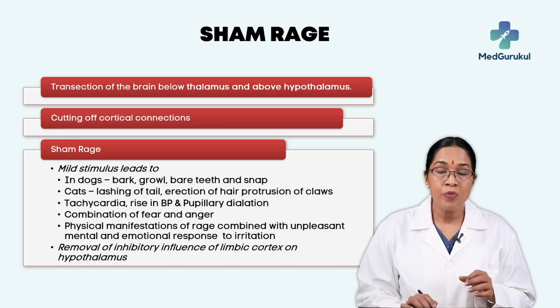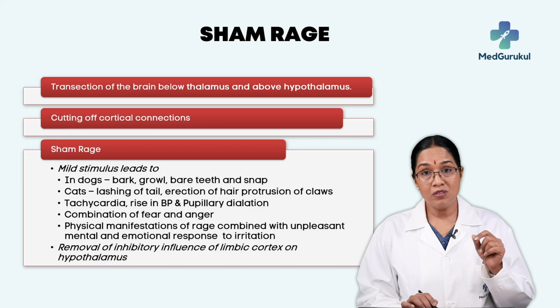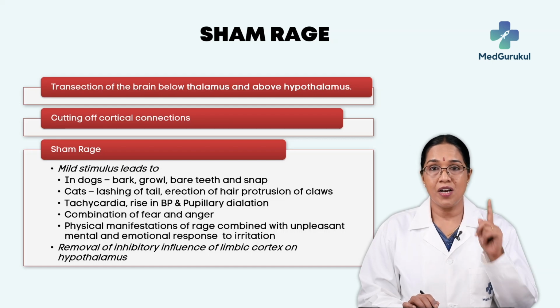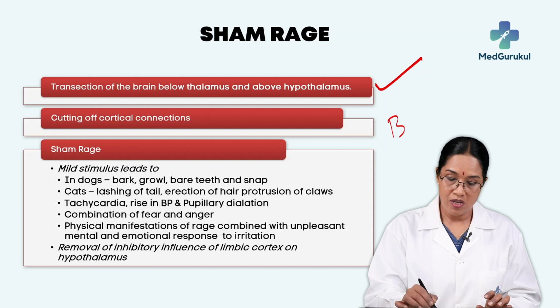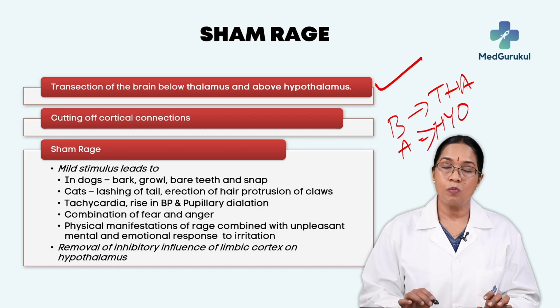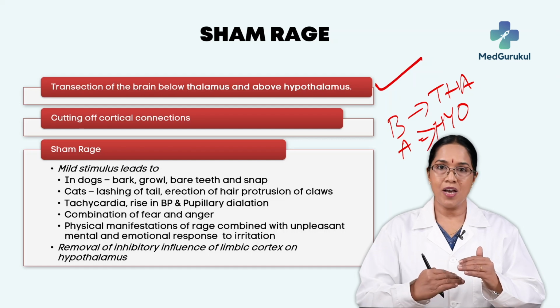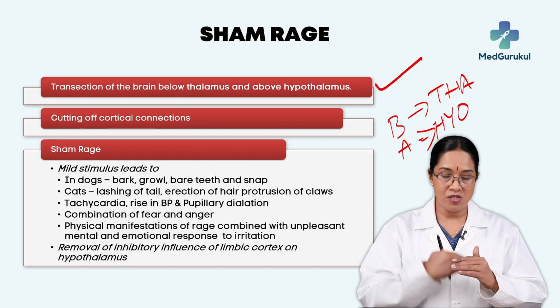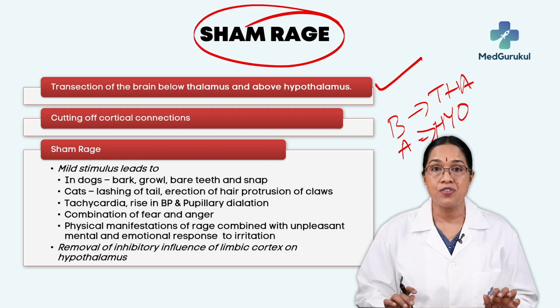Whenever a transection of the brain is done below the thalamus and above the hypothalamus, please remember this, the brain is transected below the thalamus, above the hypothalamus. When there is a transection, you get this condition of sham rage.